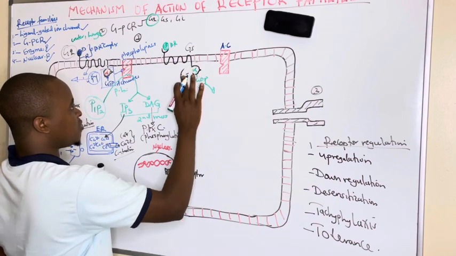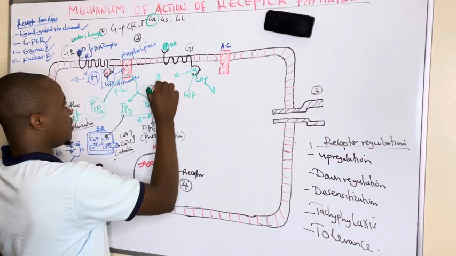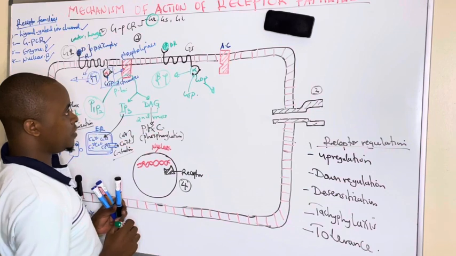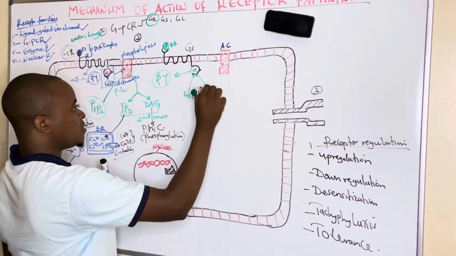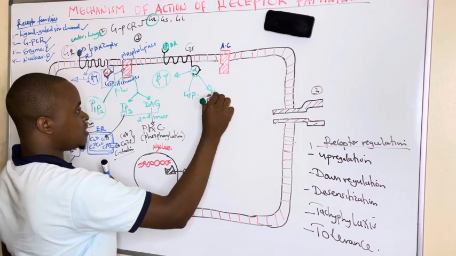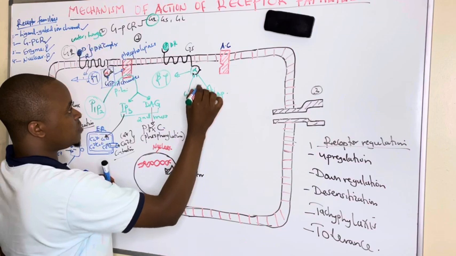It then cleaves off the beta-gamma subunit away. When GDP is released and the alpha binds with GTP, the alpha-GTP complex is formed.